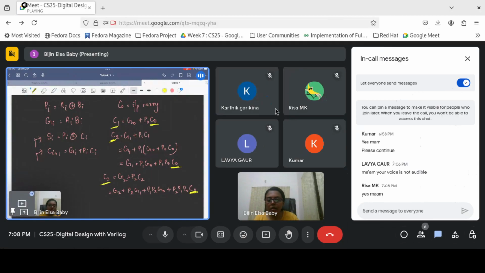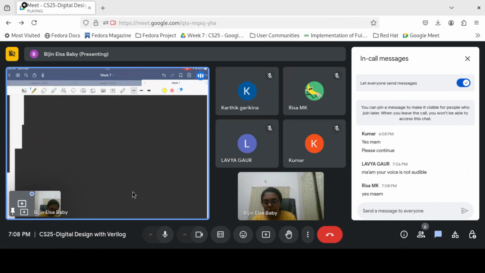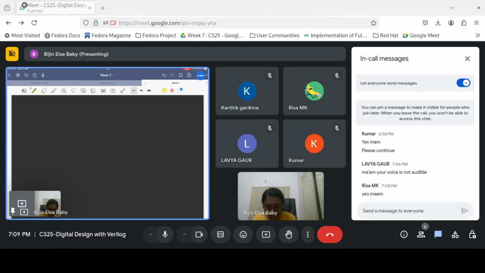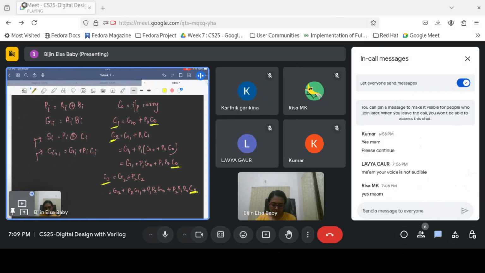So this is how we are going to compute the carry independently. If we draw the logic diagram, it will be a two-level logic design. We will have AND gates and OR gates. You can draw it by yourself, okay?